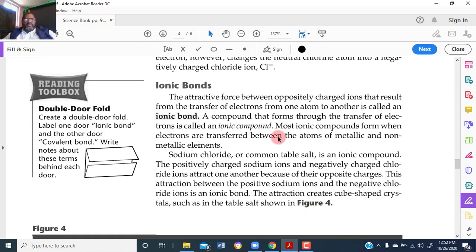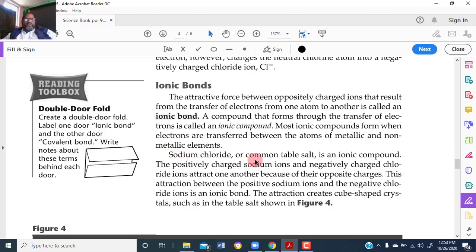Ionic bonds. The attractive force between oppositely charged ions that result from the transfer of electrons from one atom to another is called an ionic bond. A compound that forms through the transfer of electrons is called an ionic compound. Most ionic compounds form when electrons are transferred between the atoms of metallic and non-metallic elements.